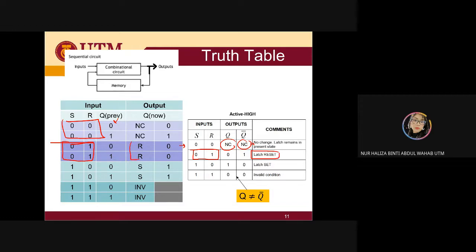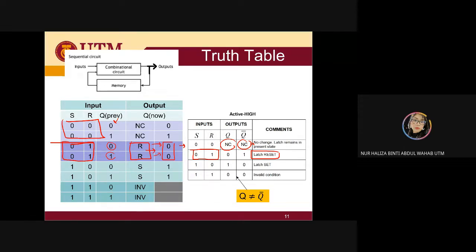I don't know why it's mentioned as reset, but you can see, whether the output is 0 or whether the output is 1, both will get 0. See? Both will be set as 0. So that's why it's called a reset.